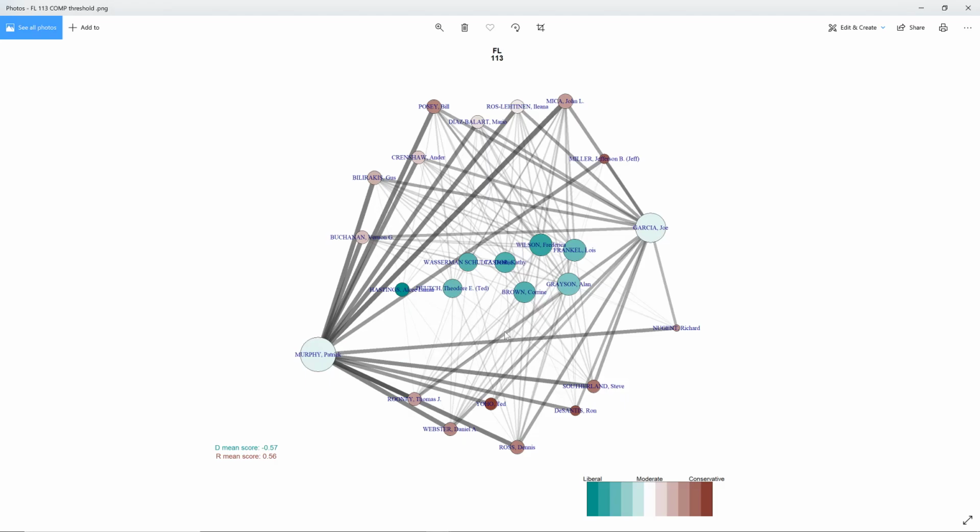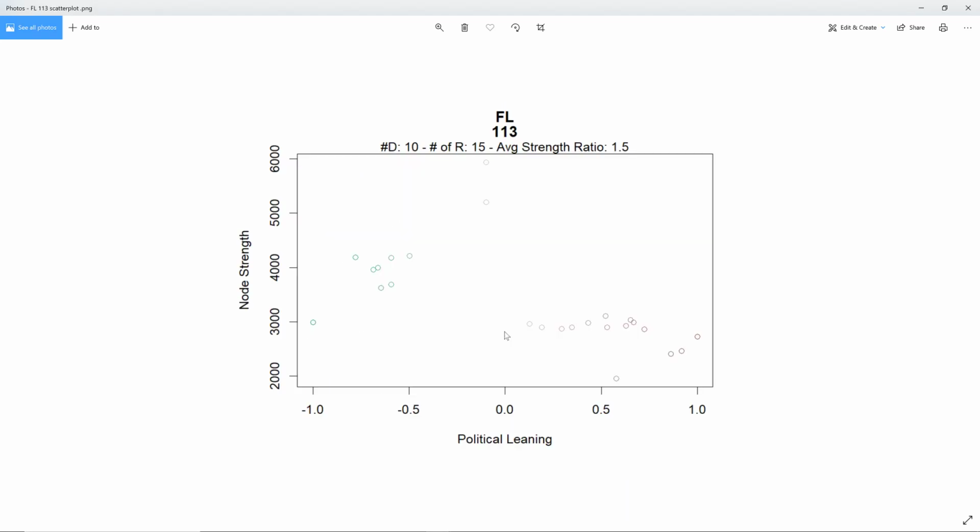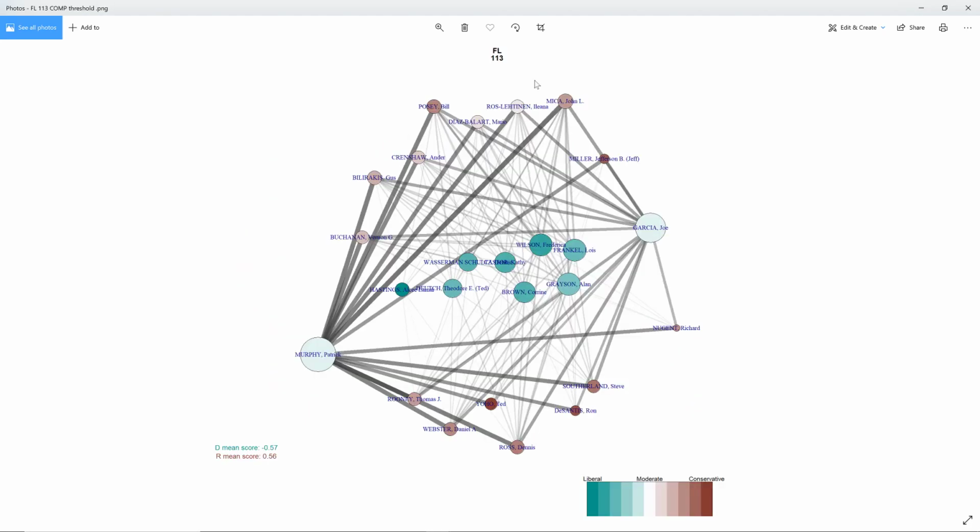In Florida, in the 113th, we see that there are 15 Republicans and 10 Democrats. So Republicans do have a majority, but not by much. And again, the minority party is in the center, and they typically have bigger nodes.